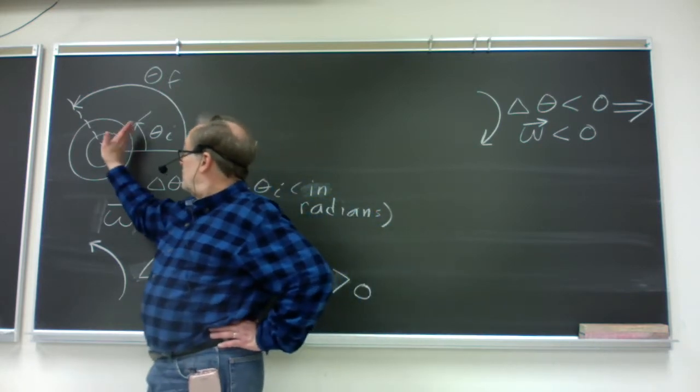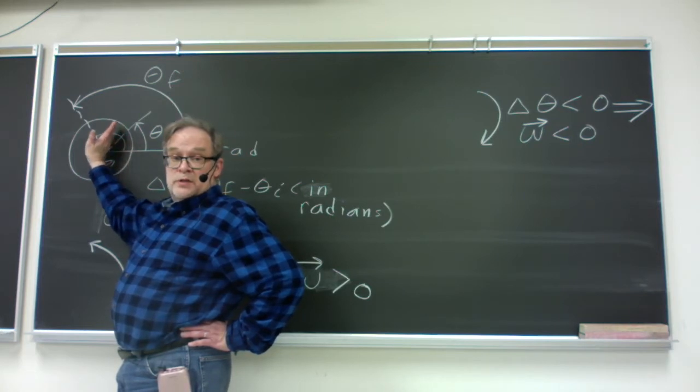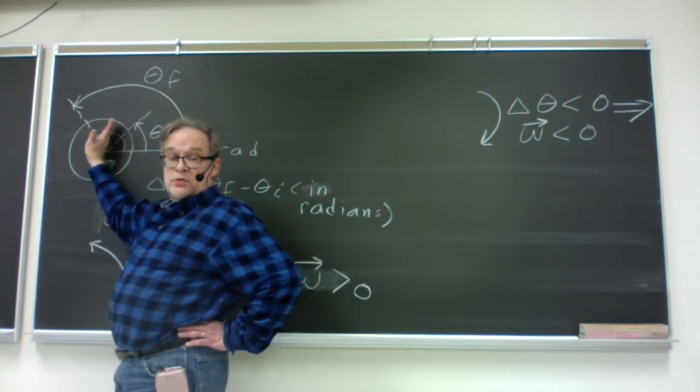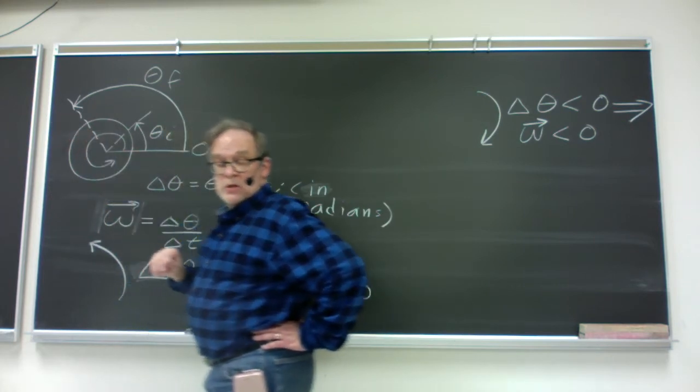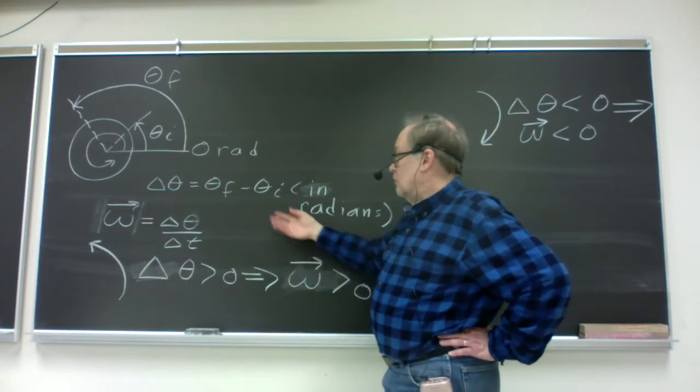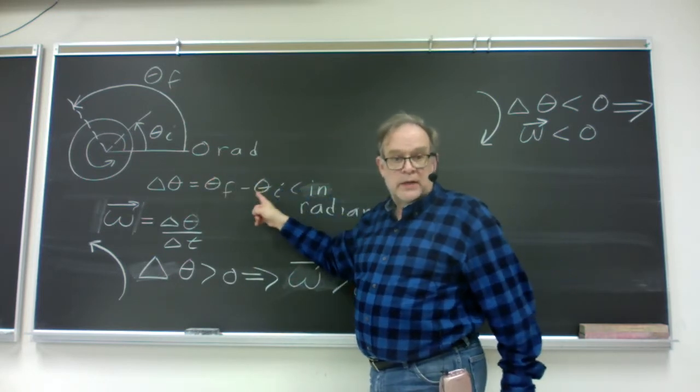So let's say there's a rotation counterclockwise starting such that all these points along this radius rotate that much. Then the change in the angular location is just like changing anything else, final angle minus initial value.